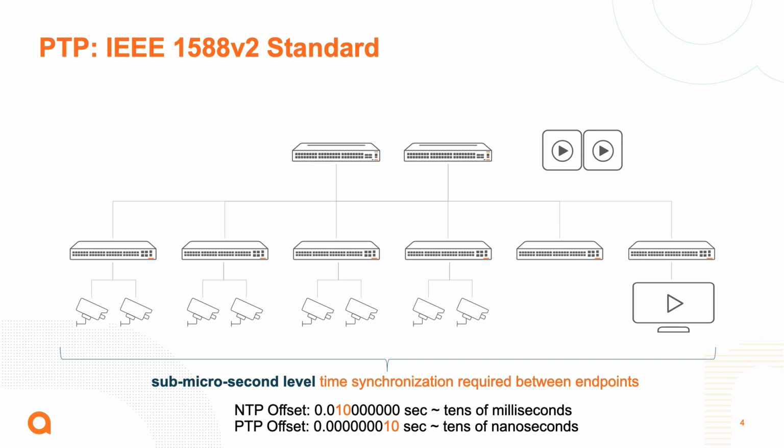So we have the boundary clocks at the core, talking directly to the grandmasters. And then between the cores and the ordinary clocks at the edge, we have layer 2 switches working as transparent clocks. These could be 6300 switches in general for campus applications, and they can be VSF stacks.